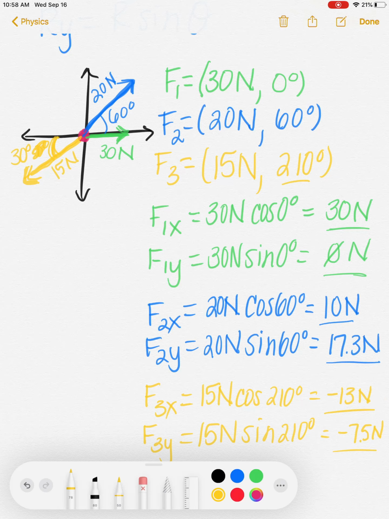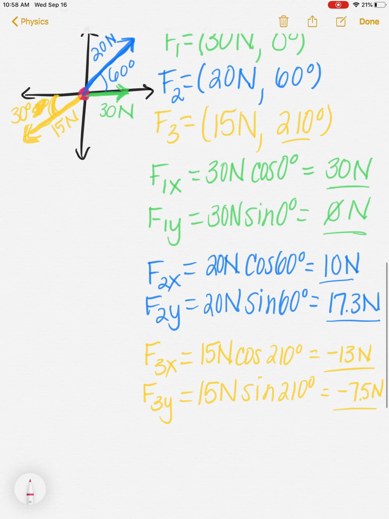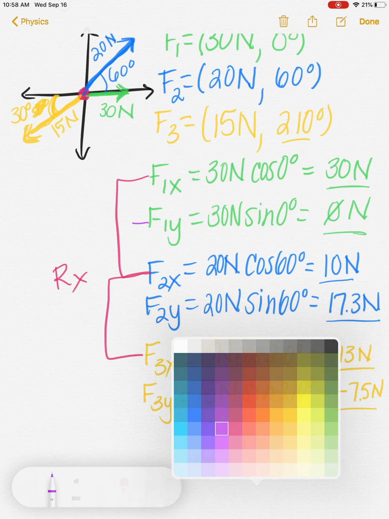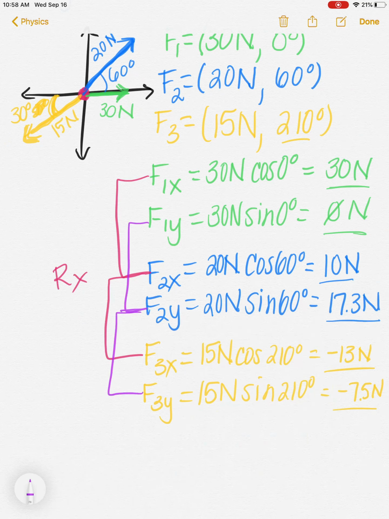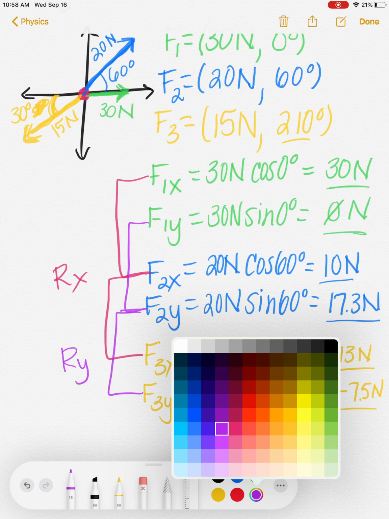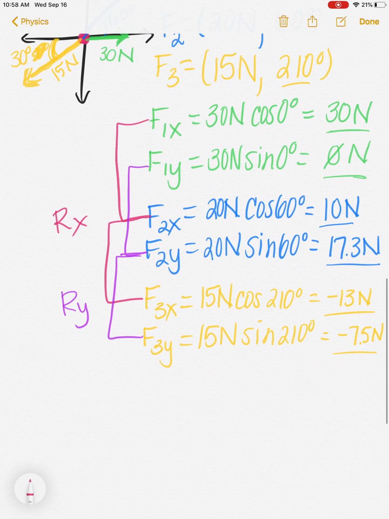All right, so we've done a lot of work, but we're still not there because we need to find what these would all add up to be. So why in the world did we just do all of this? Because we now can add the x components to find the resultant x, and we can add the y components to find the resultant y. All right, so let's do the x components here.